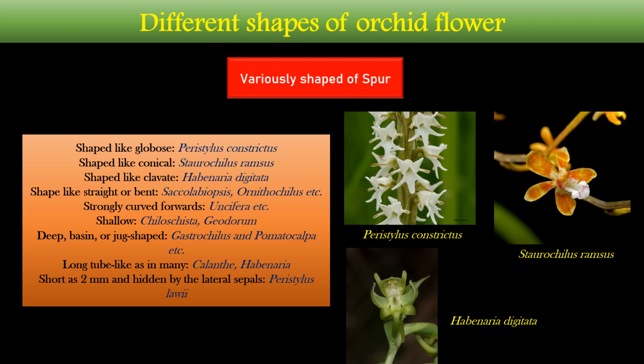So for that, that will be Peristylus lawii. So these are some of the variously shaped spurs that you can identify or distinguish from other plant species. So for that you can identify the flower characters of orchid species.